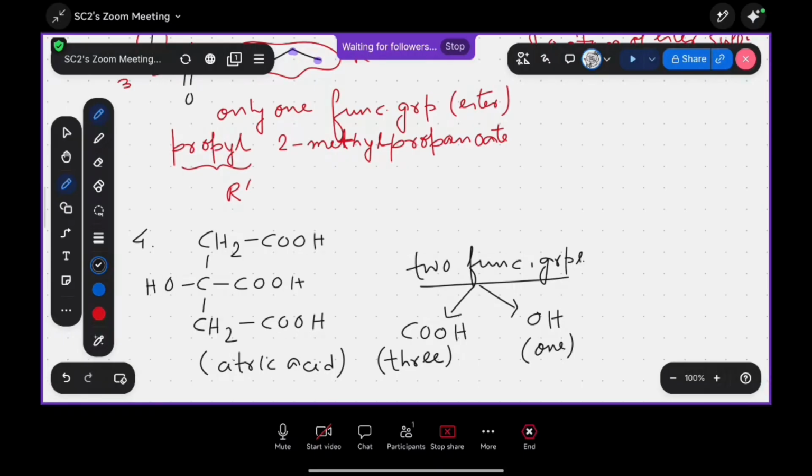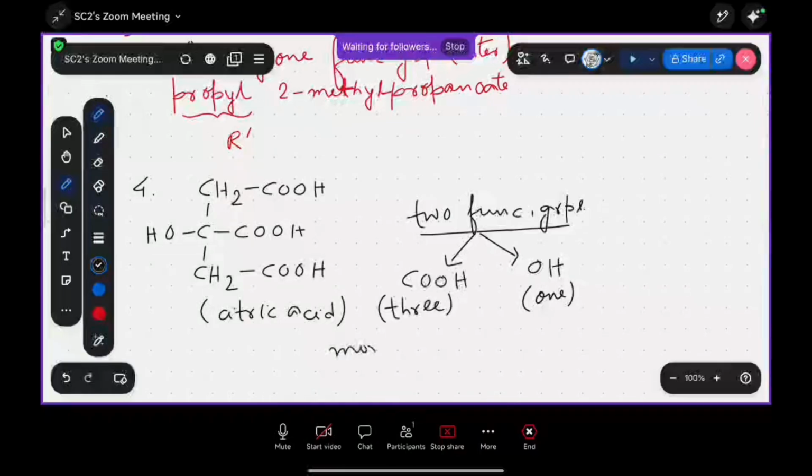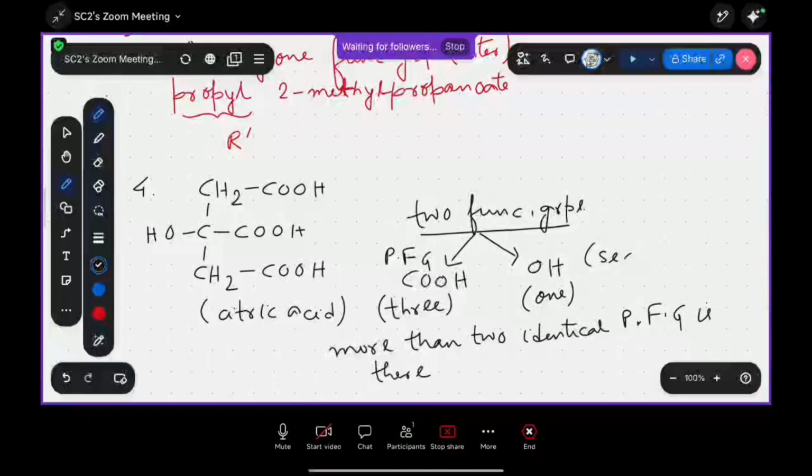So remember one thing, if any such compound where more than two identical principal functional groups are there. See, the carboxylic group lies above, so it is the principal functional group, whereas OH lies below and it becomes the secondary functional group.